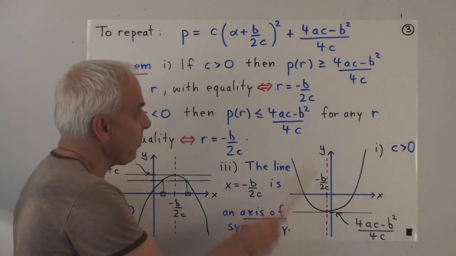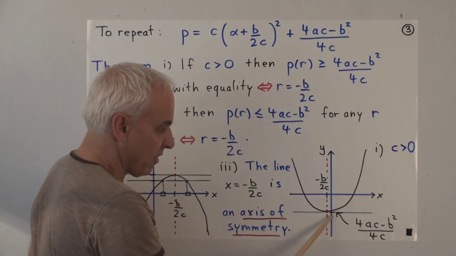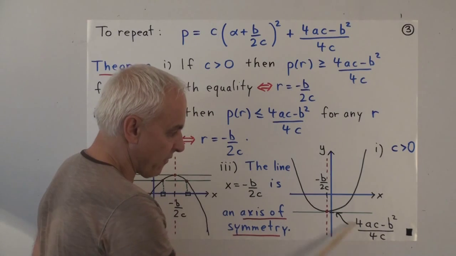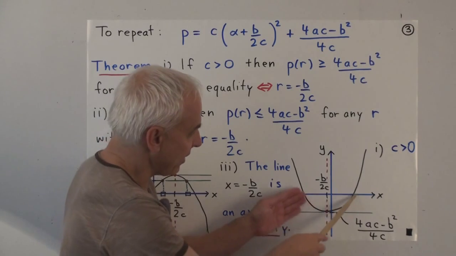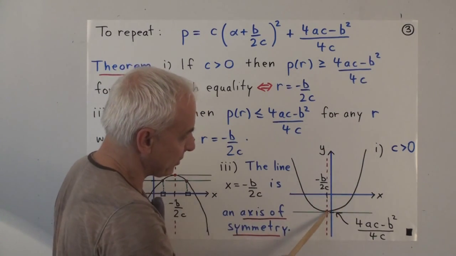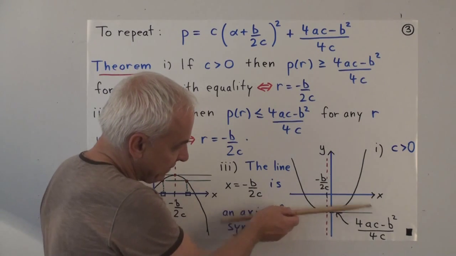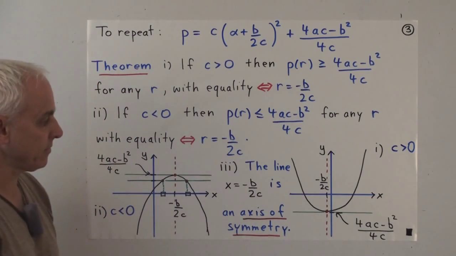The function's value at that will be exactly this, because this term will be 0. So there's the value (4ac minus b squared) over 4c right there. And geometrically, you can also see that the parabola is opening up. It's always bigger than or equal to this value, and it attains this value exactly when x equals this number here. That's what we're saying.